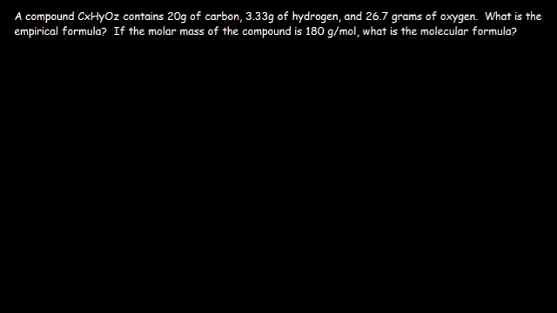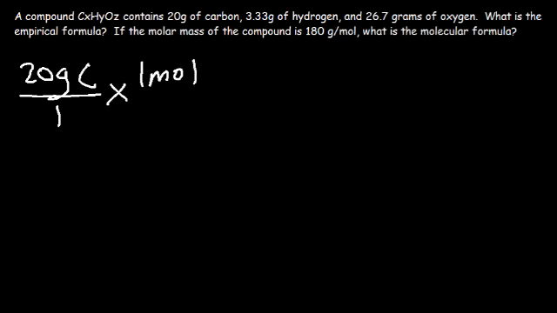So let me give an example. Let's start with 20 grams of carbon. And let's convert it into moles. So carbon has a molar mass of 12. Now for this example, I'm going to use a calculator. Sometimes I will use a calculator, other times I will try to simplify it without the use of a calculator.